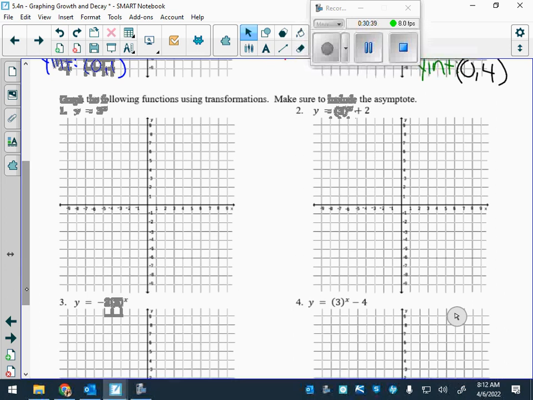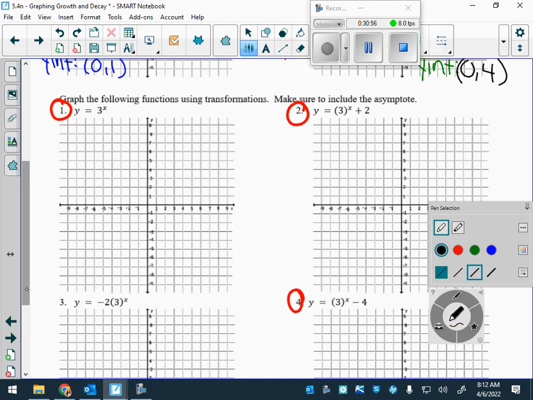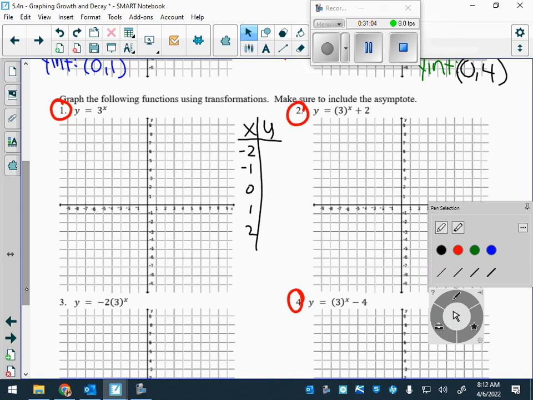Okay. You're going to try number 1, number 2, and number 4. We're going to do 3 together. Give those a try. Start with your table of values, starting with -2, -1, 0, 1, and 2. Okay, give those a try.